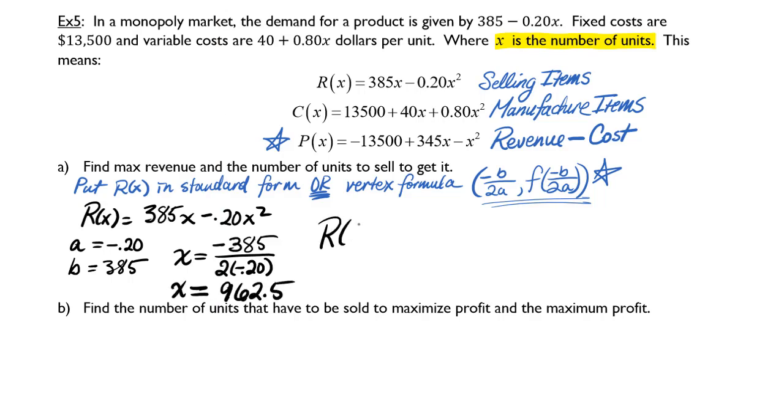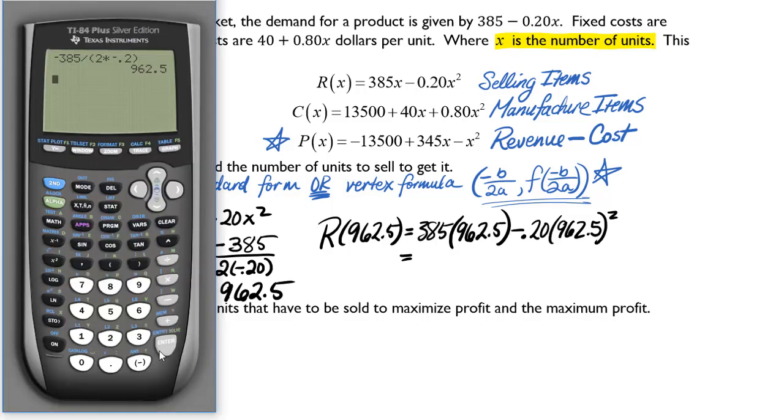Now let's find r of 962.5. That's going to be 385 times 962.5 minus 0.20 times 962.5 quantity squared. Let's put that in my calculator.